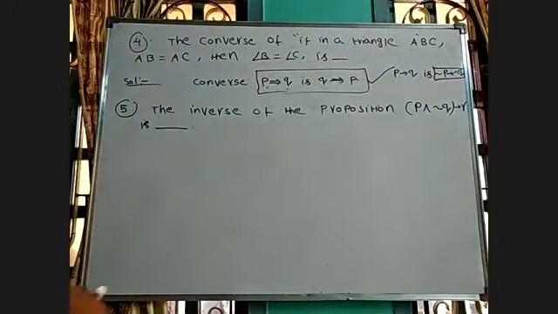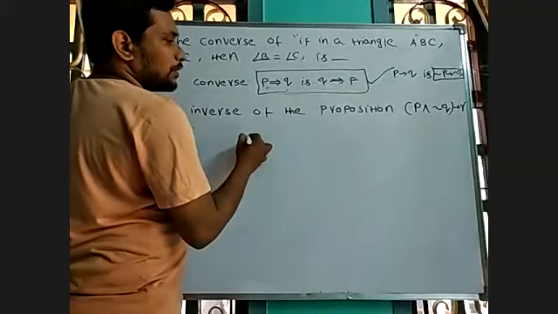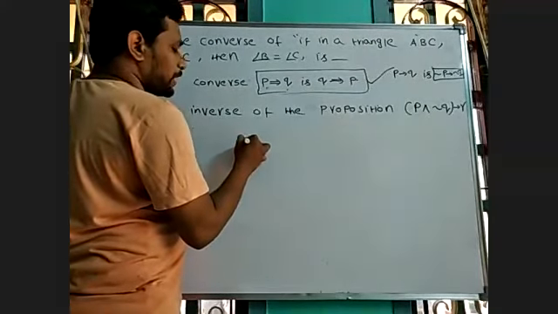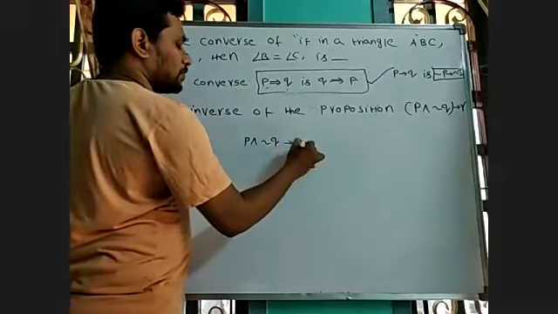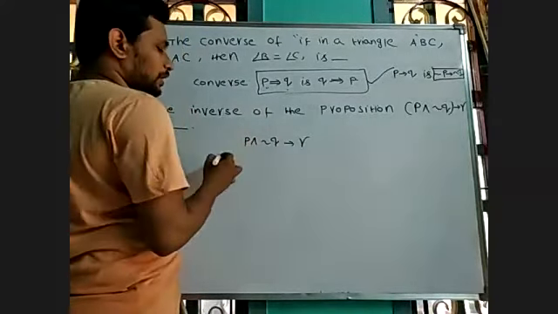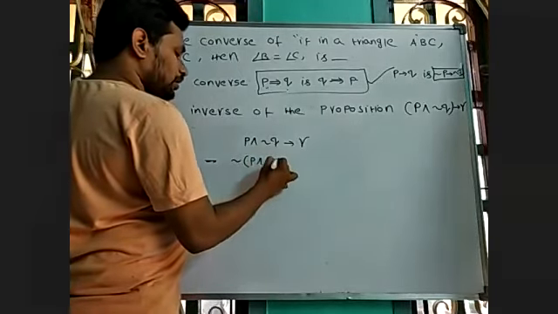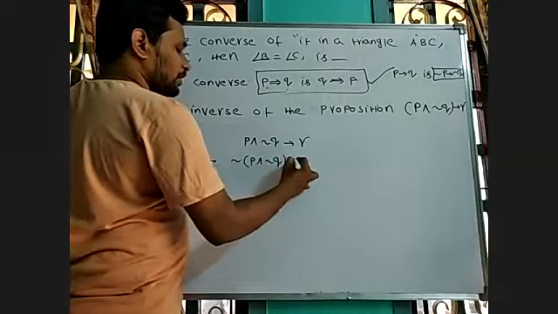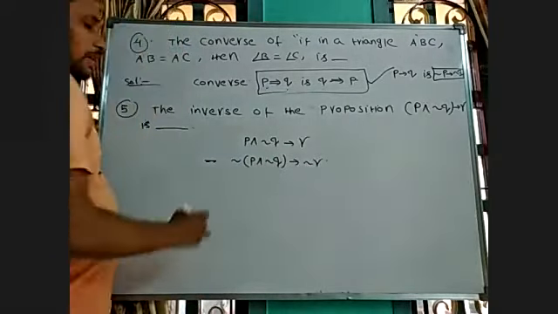See that from this what we take: P and negation of Q implies R. What we write: negation of P and negation of Q, negation of R. I am writing like this.